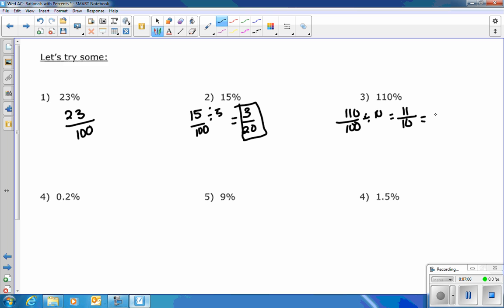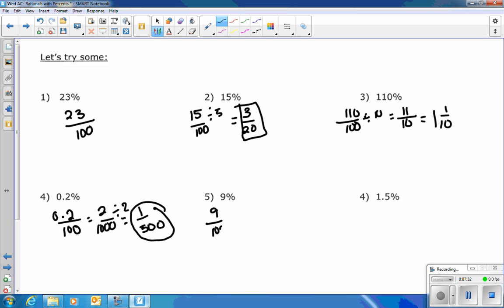And then 10 goes into 11 one time with 1 left over. 0.2 over 100: I've got to move that one time on both top and bottom to make them whole numbers. Divide the top by 2 and divide the bottom by 2, and I get a completely simplified fraction.